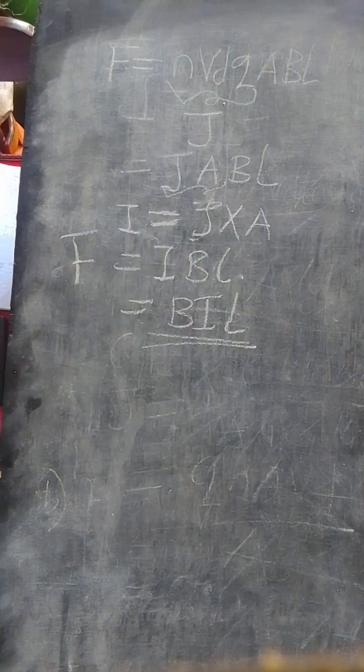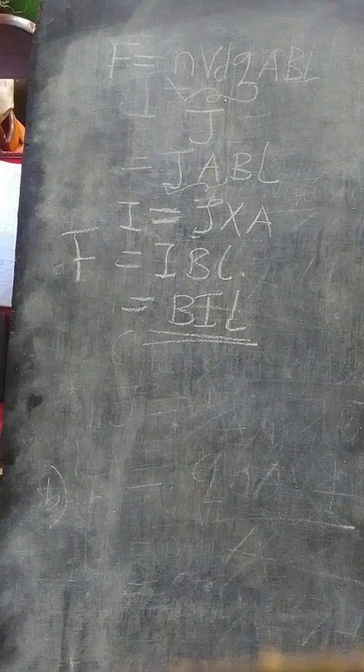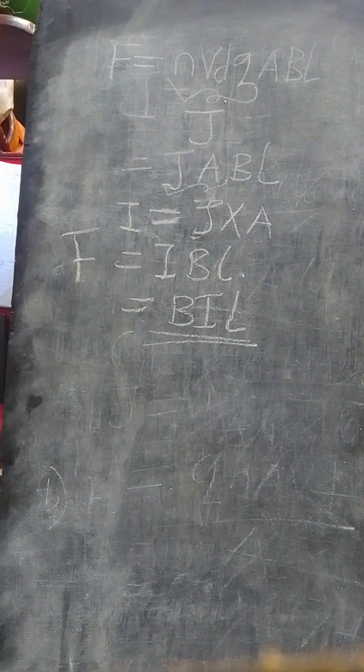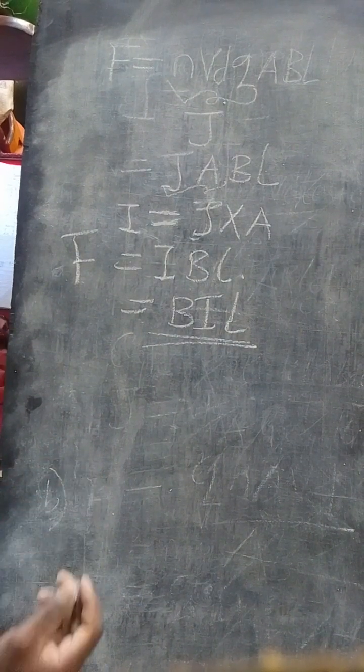So if this current carrying conductor is placed at an angle, it will be B I L sine theta, that is if it is through an angle.